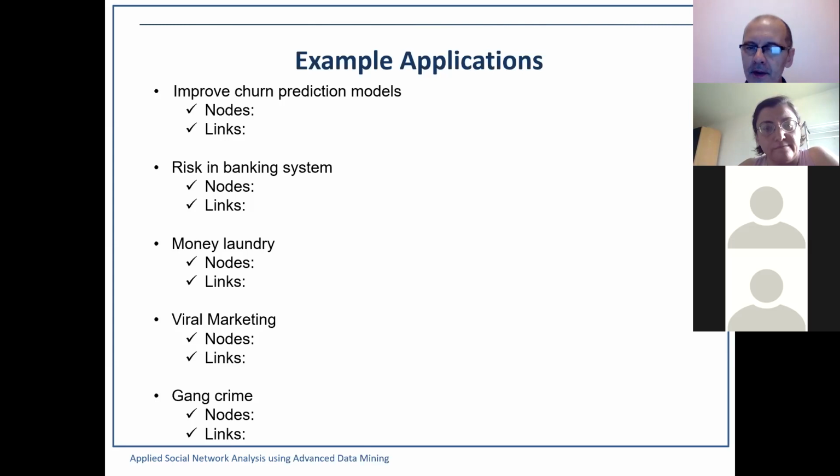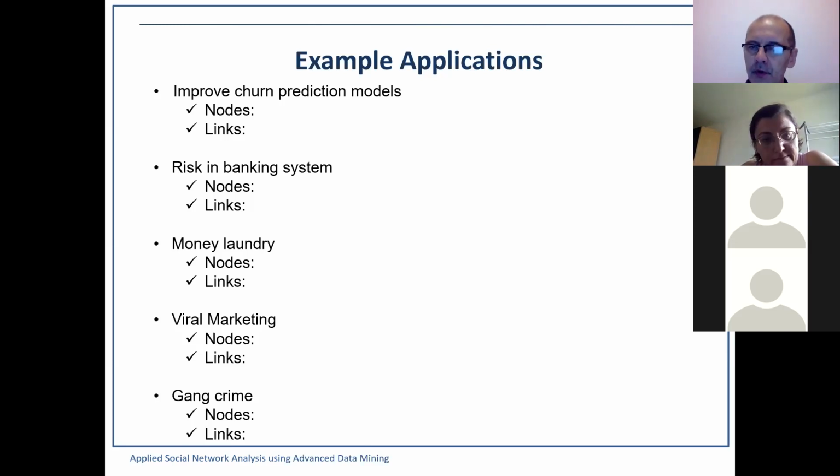The idea behind this social network analysis is that people that are churning somehow affect their contacts. If I'm not happy with my provider and I want to move to another provider, then maybe I mention my intentions to my friends when I'm calling them. So maybe they can get kind of infected by my intentions.